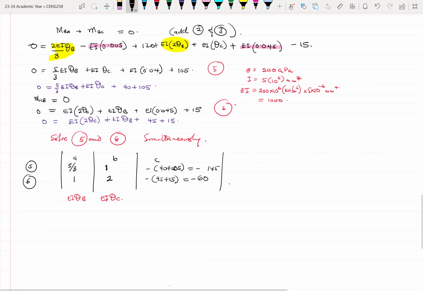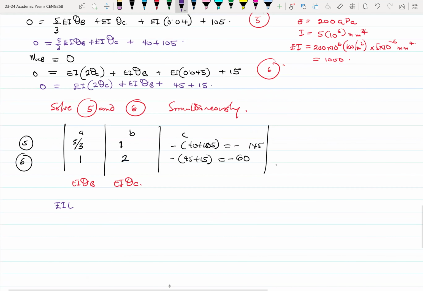Okay. So what this means is that once you solve them simultaneously, your EI theta B will be minus 690 over 7. And then EI theta C will be equal to 135 over 7.